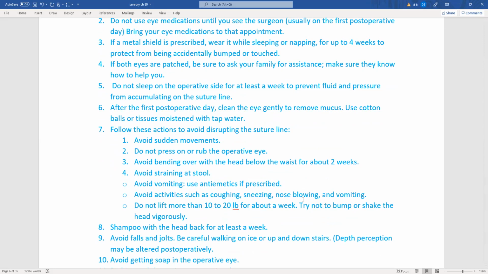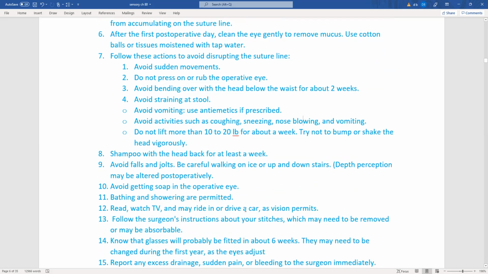Avoid straining at stool. Avoid vomiting. Use antiemetic if prescribed. Avoid activities such as coughing, sneezing, nose blowing, and vomiting. Do not lift more than 10 to 20 pounds for about a week. Try not to bump or shake the head vigorously.